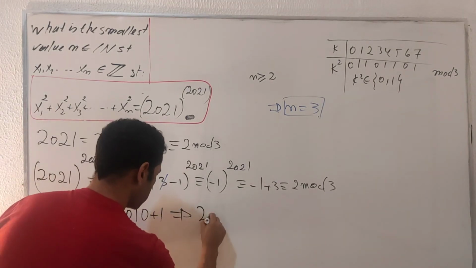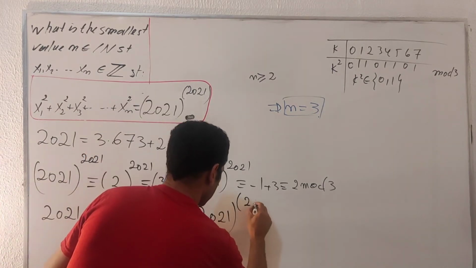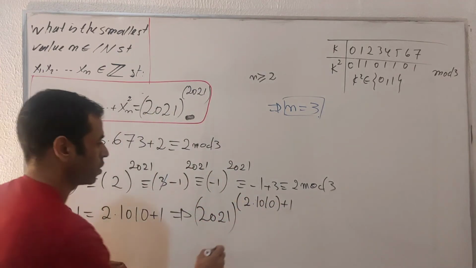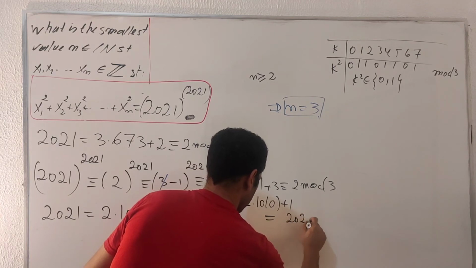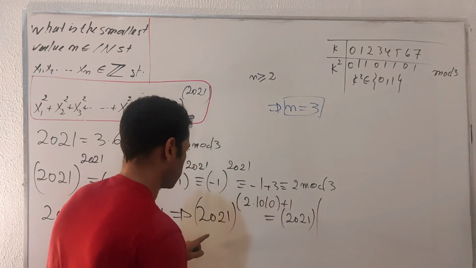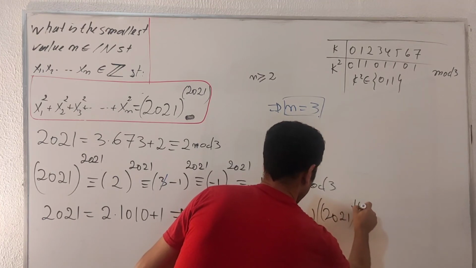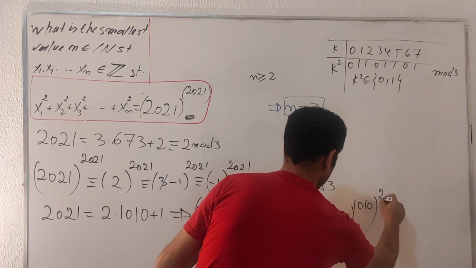I get 2021 raised to the power 2 times 1010 plus number 1. I get here 1, and I get here 2021 factor, 2021 to the 1010, all raised to number 2.